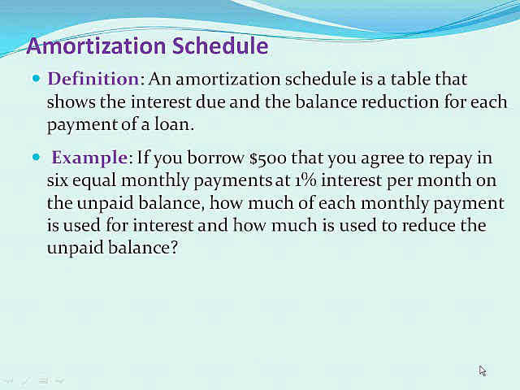Amortization schedule. An amortization schedule is a table that shows the interest due and the balance reduction for each payment of a loan. Here is a typical example. If you borrow $500 that you agree to repay in 6 equal monthly payments at 1% interest per month on the unpaid balance, how much of each monthly payment is used for interest and how much is used to reduce the unpaid balance?